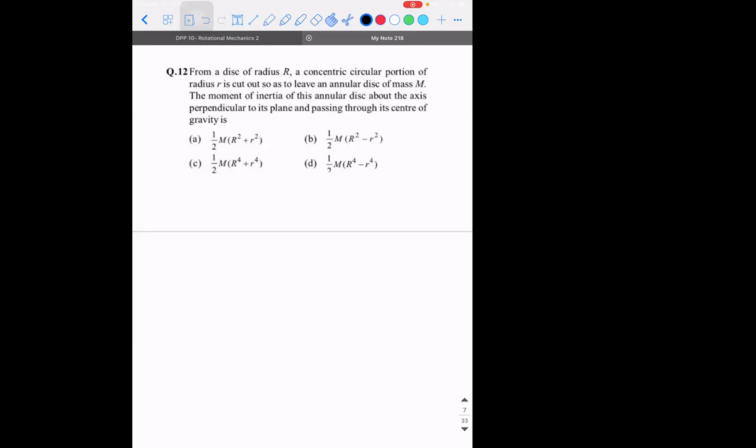So from a disk of radius r, a concentric circular portion is cut.